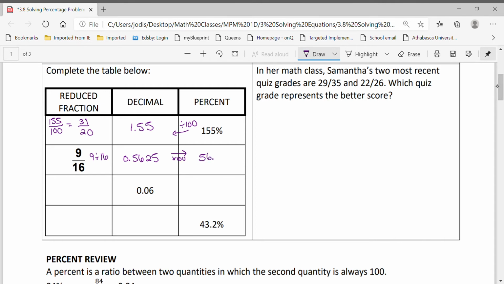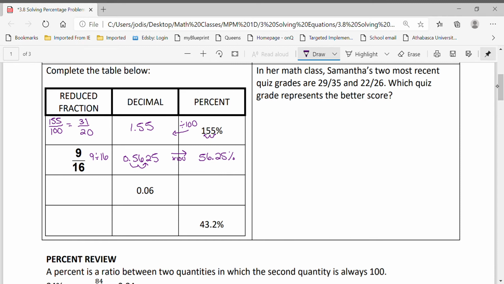So that's going to give us 56.25%. We can multiply by 100, or if you remember, move the decimal 2 places to the right. It would also work with the one above, the 155%. There is technically a decimal right here, so we would move it 2 places to the left.